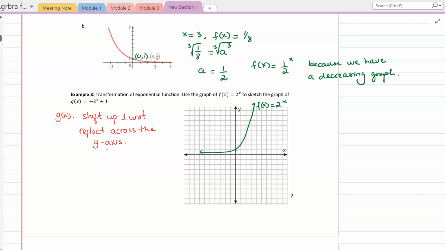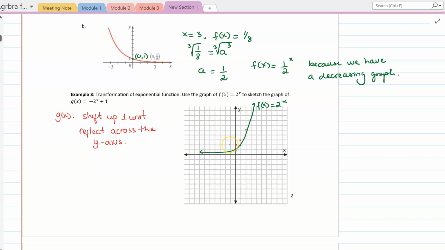So shift everything up 1 unit, and then reflect it across the x-axis.